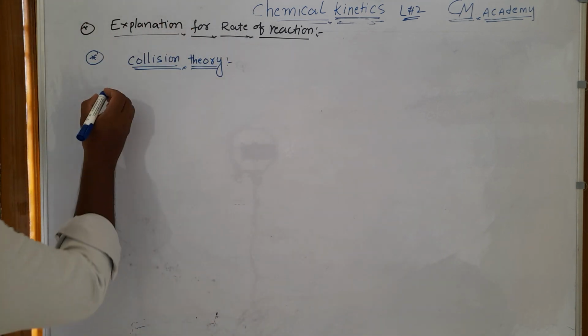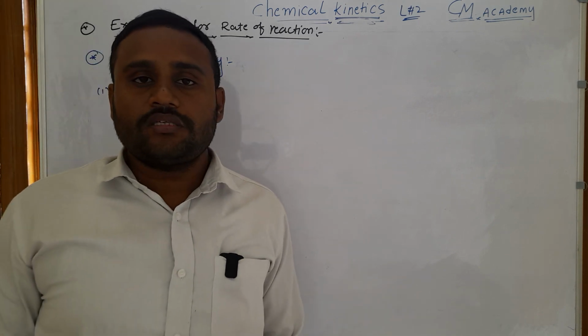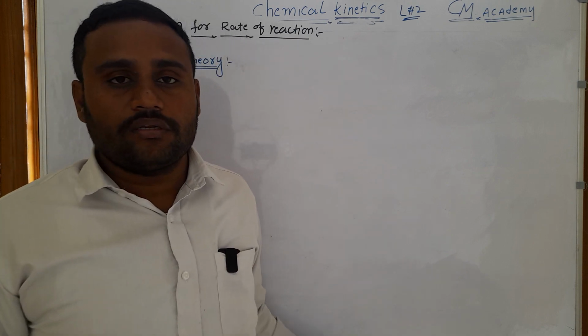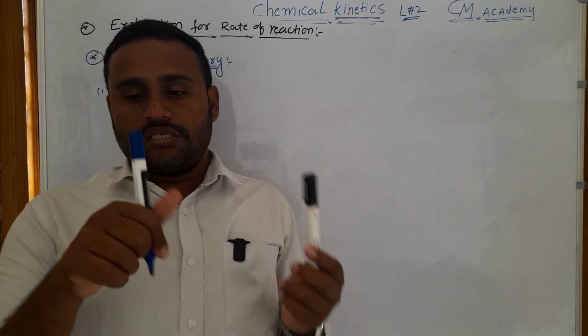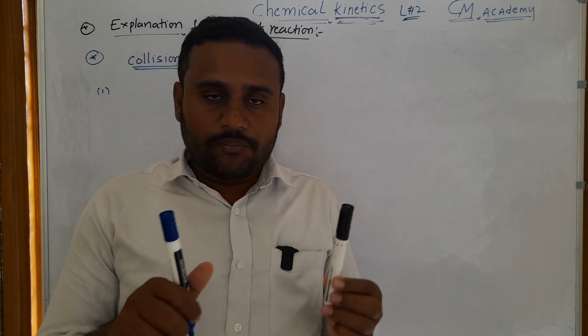According to this collision theory, a chemical reaction takes place due to collision of reactant molecules. For example, let us consider this is one molecule and this is another molecule. How is the reaction going to take place between them?